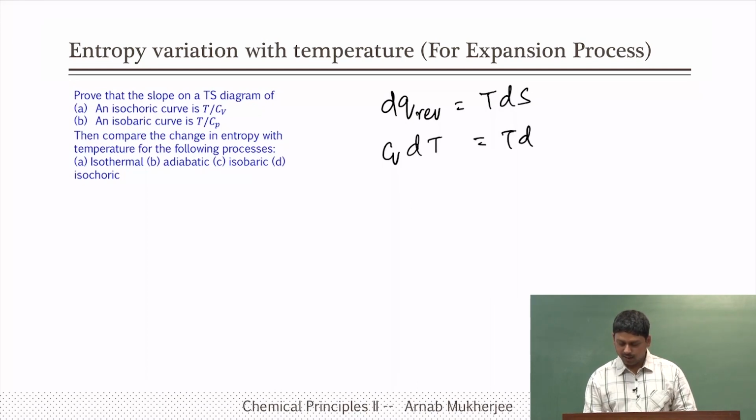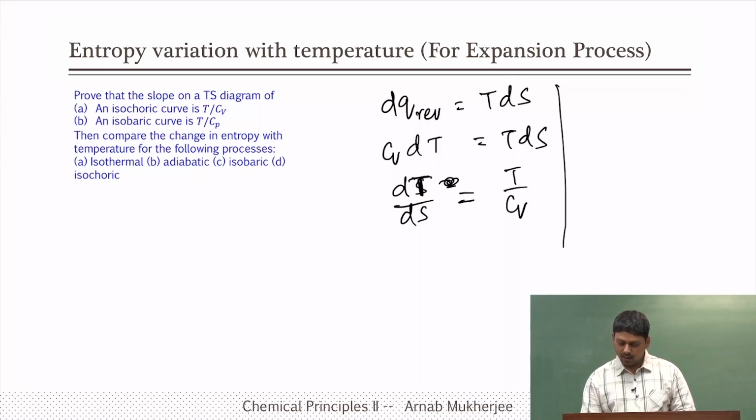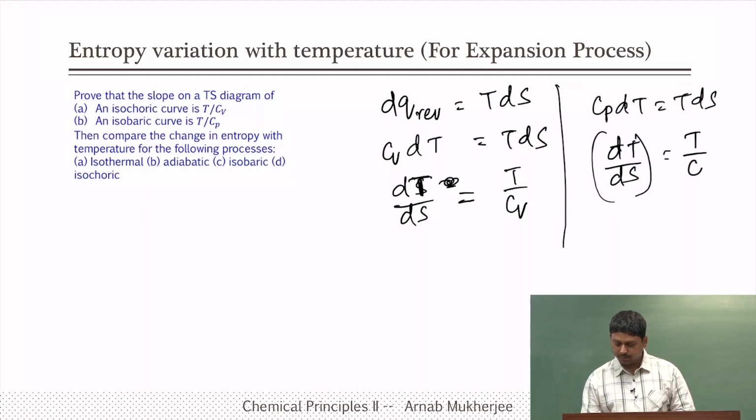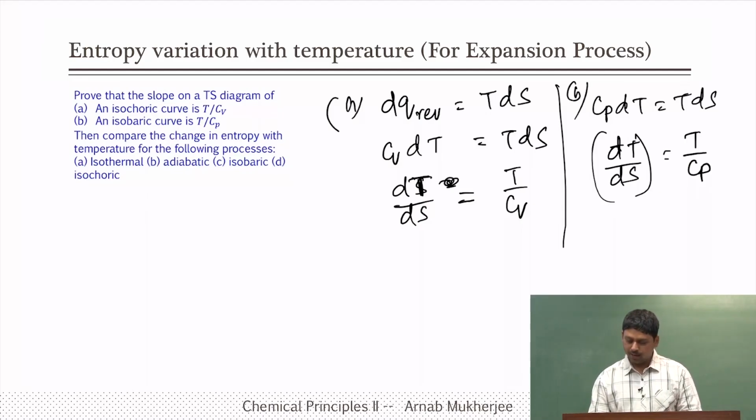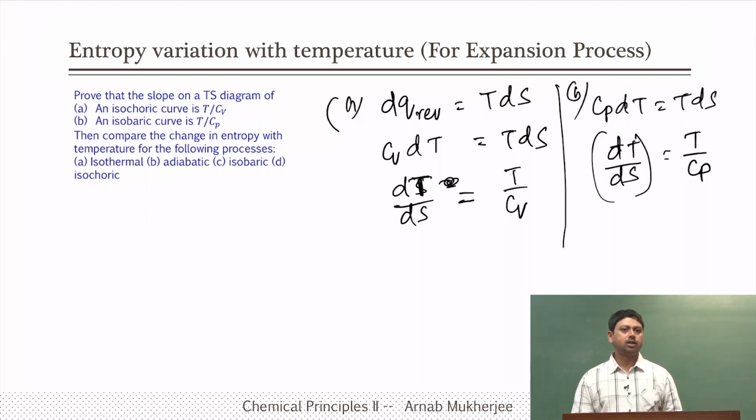So Cv dT is Tds, and dT by ds is T by Cv. So that is proven. Similarly, Cp dT is Tds for an isobaric process, so dT by ds is T by Cp. This is the proof of A and B. This is the slope; when you calculate the slope, you take the differentiation. Okay, so you got that.